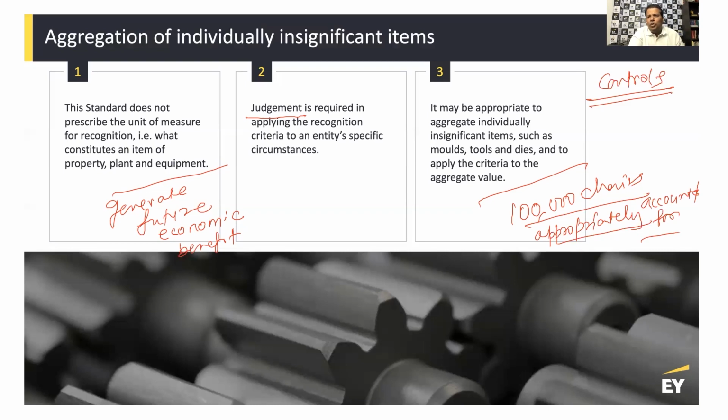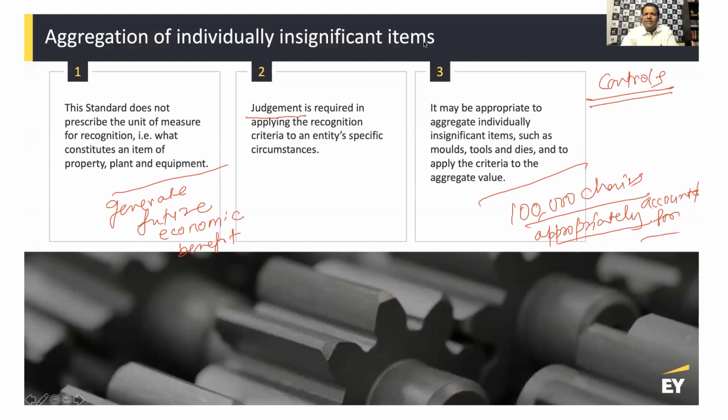More often than not, we see the fixed asset register of companies where they record every item as a separate line item, which then gets aggregated on similar types of assets for the purpose of determining the depreciation rate as may be applicable on them.